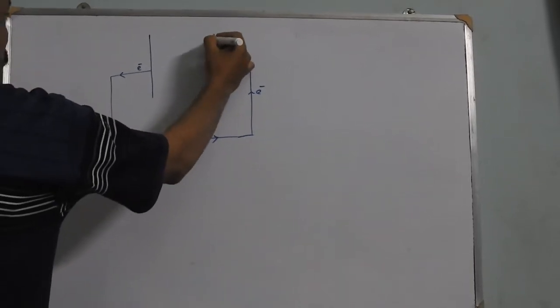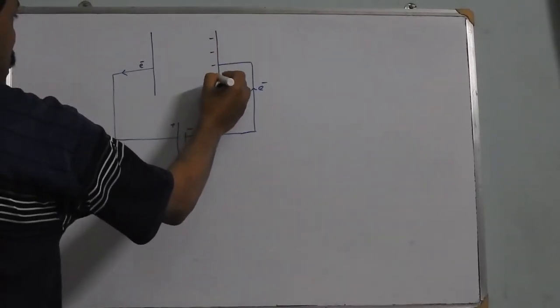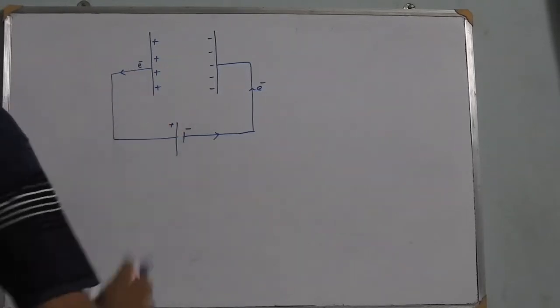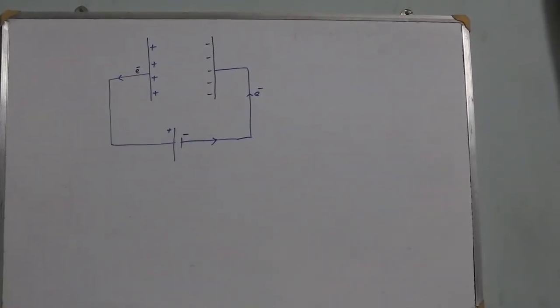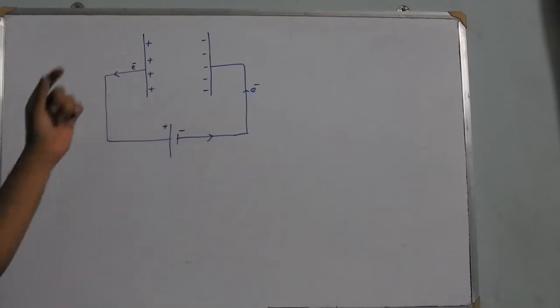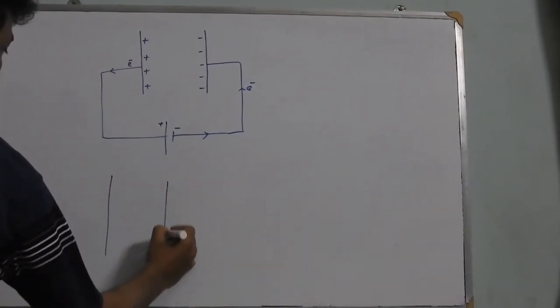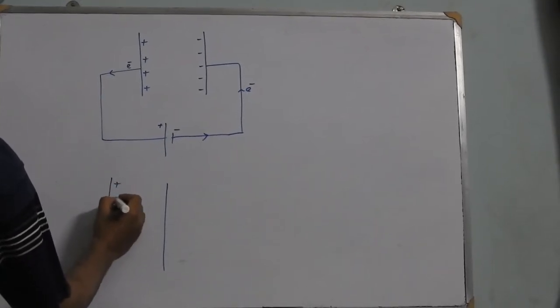So this will effectively develop some amount of negative charge, and this will develop some amount of positive charge. So a capacitor will consist of two plates, one positively charged and one negatively charged, and the same amount of charge is present on both the plates, but the nature is different.